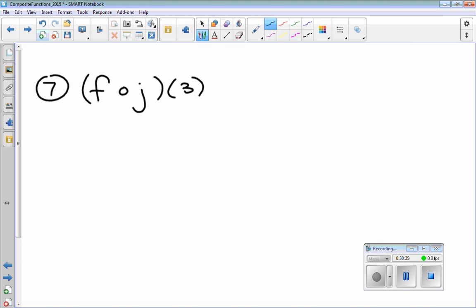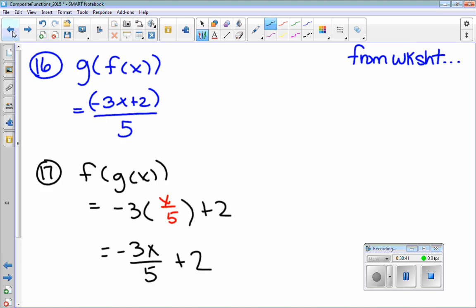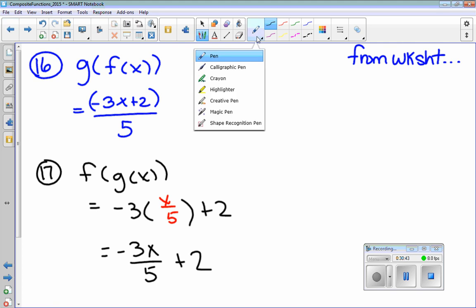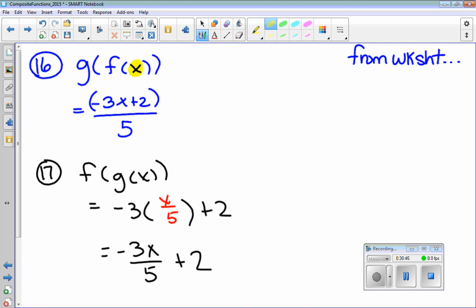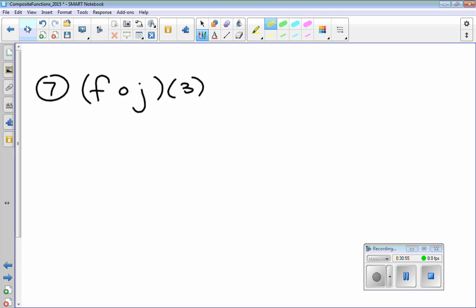When I have a number there, notice what I had before. I had an x. Do you agree? In each of these problems I've already done, I had an x. So I had x's in my answers. When you're plugging in a function, you should get a function out. Here, what am I plugging in? A number. A little bit different.